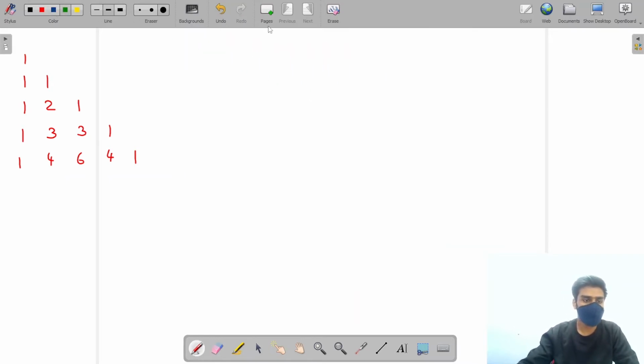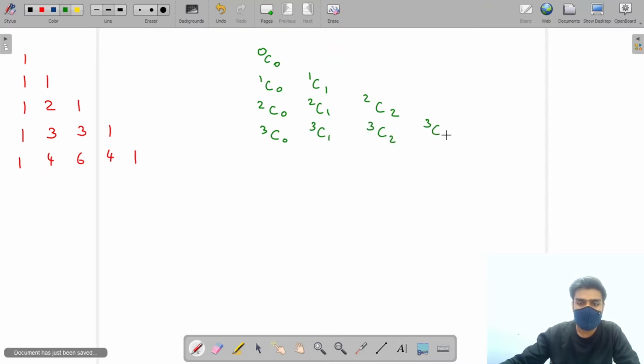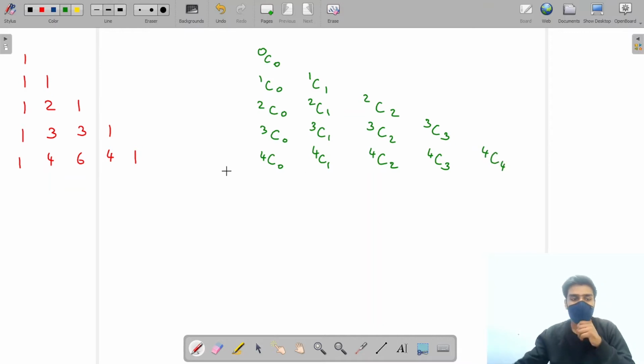I will write this Pascal triangle in some other method. 0C0 is 1. 1C0 and 1C1 is 1, 1. 2C0, 2C1, 2C2 is 1, 2, 1. 3C0, 3C1, 3C2, 3C3 is 1, 3, 3, 1. 4C0, 4C1, 4C2, 4C3 and 4C4 is 1, 4, 6, 4, 1.